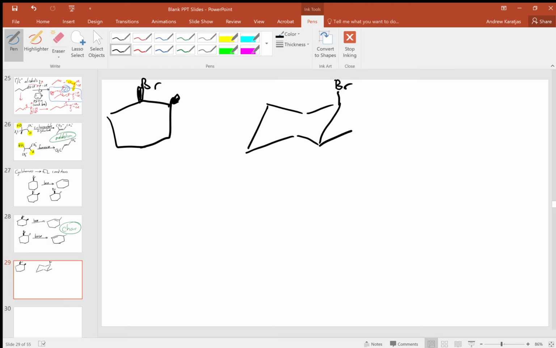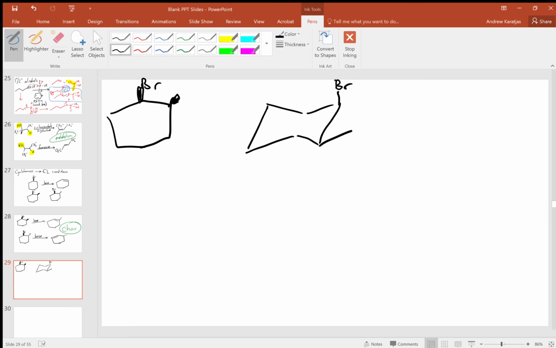As we can see in our structure on the left, both of them are pointing up, and so I want my chair conformation to be the same way. Now why did I pick to put bromine in the axial position? Two reasons. First of all, bromine is generally smaller than methyl, so the methyl is going to want to be equatorial.